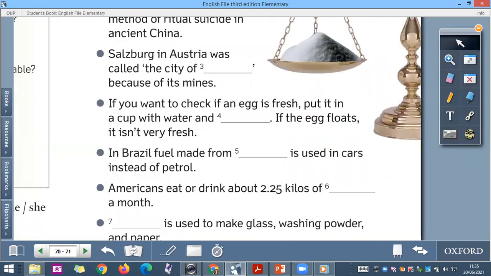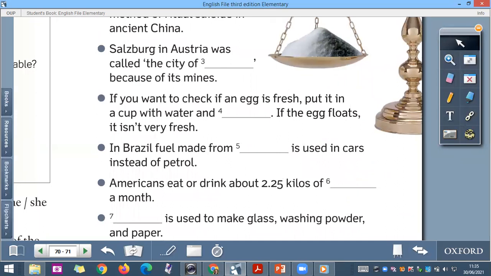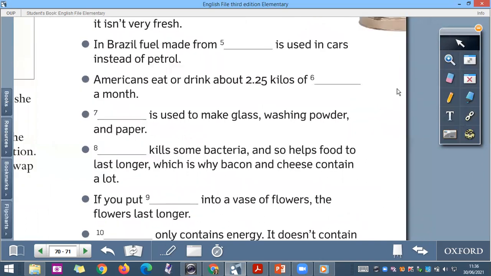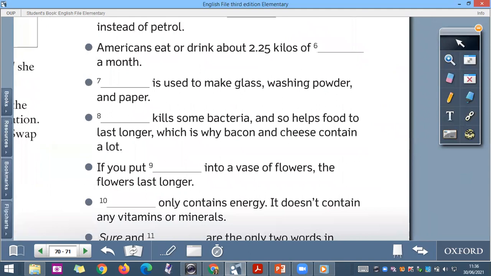Salzburg in Austria was called the city of because of its mines. If you want to check if an egg is fresh, put it in a cup with water and if the egg floats, it isn't very fresh. In Brazil, fuel made from is used in cars instead of petrol. Americans eat or drink about 2.25 kilos of a month.